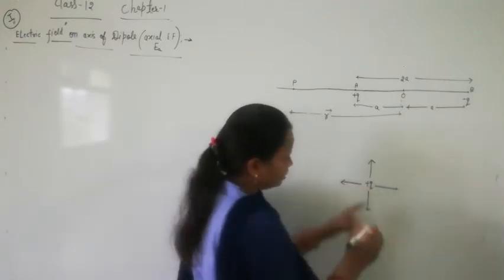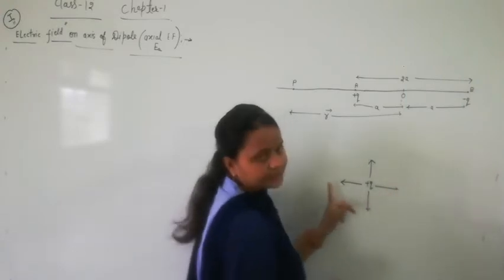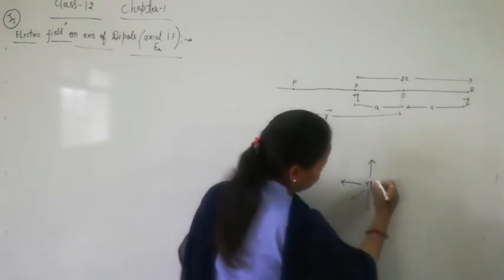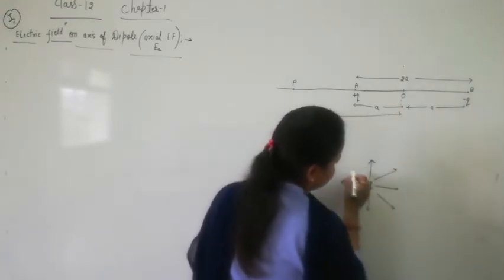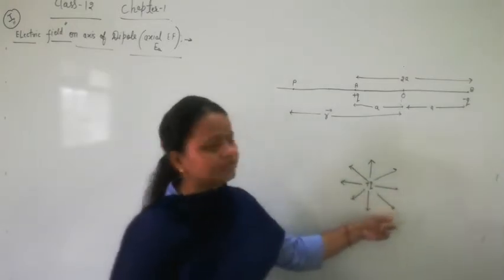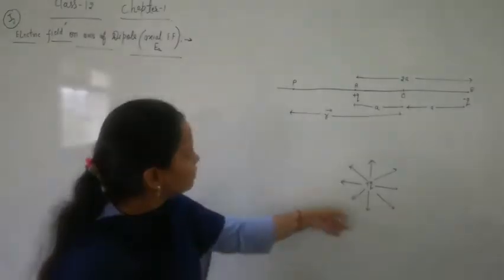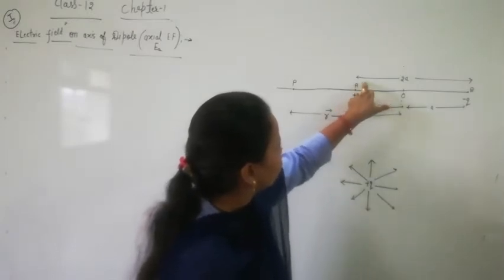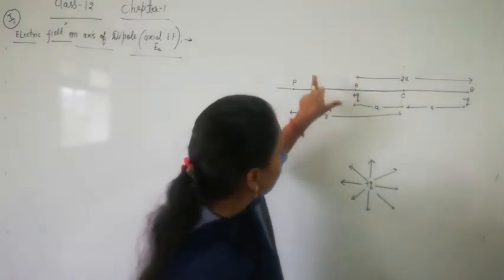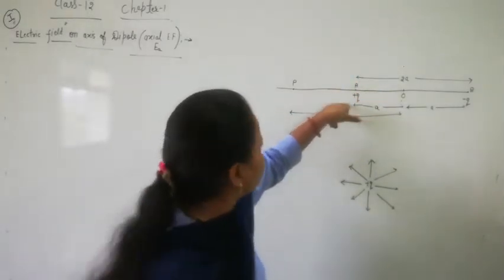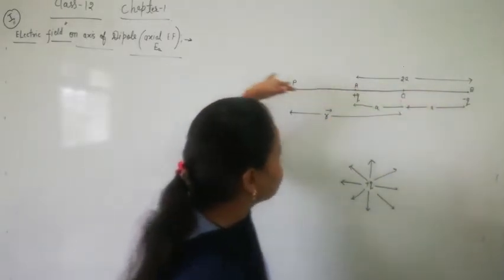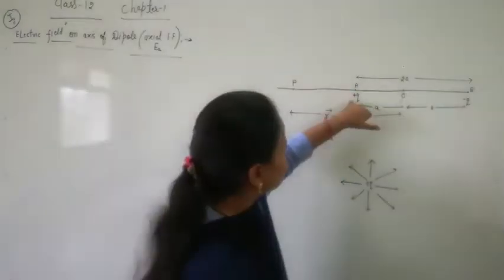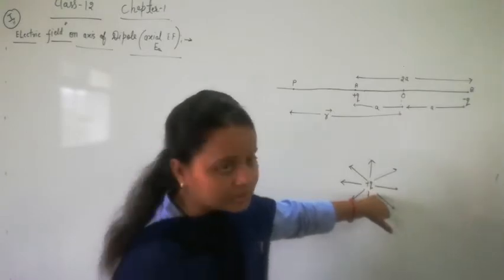These are the electric lines of force due to a positive charge, outward, uniformly generated by a point charge. But here a positive charge is here and we are calculating the electric field only on the axial axis. So the direction of the electric field is like this.